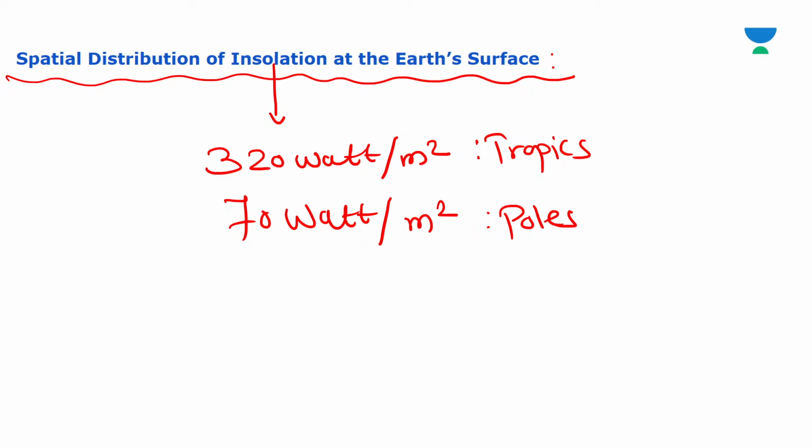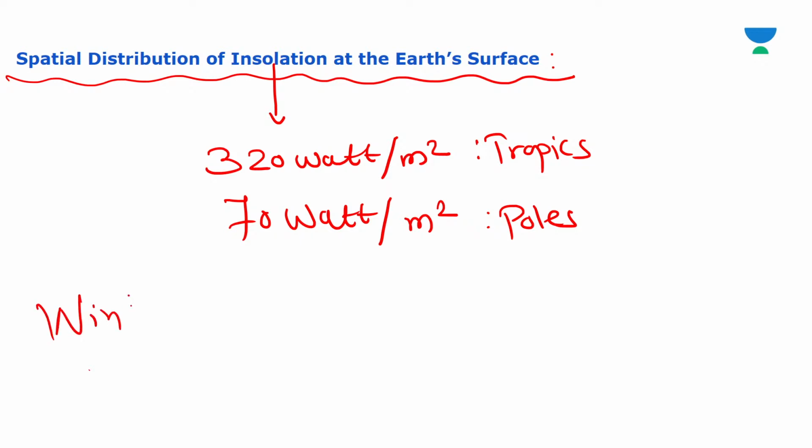Now, maximum insolation is received over the subtropical deserts, where the cloudiness is the least. The equator receives comparatively less insolation than the tropics, and generally at the same latitude, the insolation is more over the continents than over the oceans.